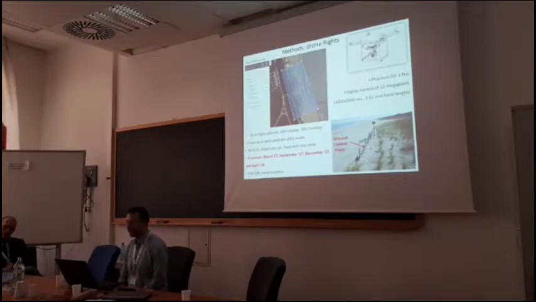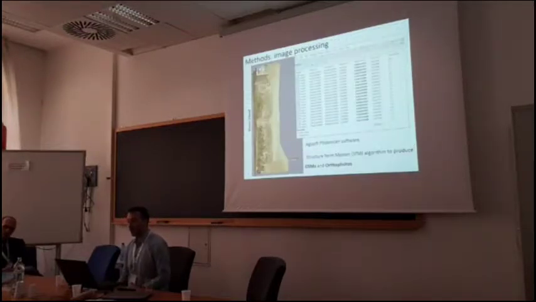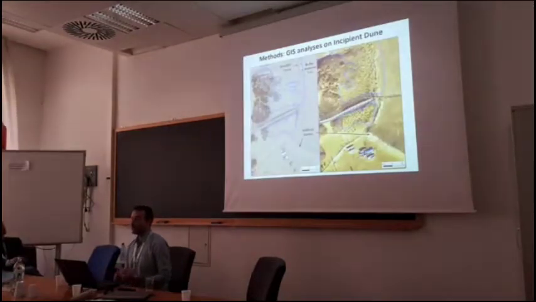And we did 4 surveys during 1 year, from March 2017 to last April. Then we used the structure from motion algorithm of Agisoft Photoscan software to produce the typical products, so digital surface models and orthomosaics. And then we did some analysis in ArcGIS.